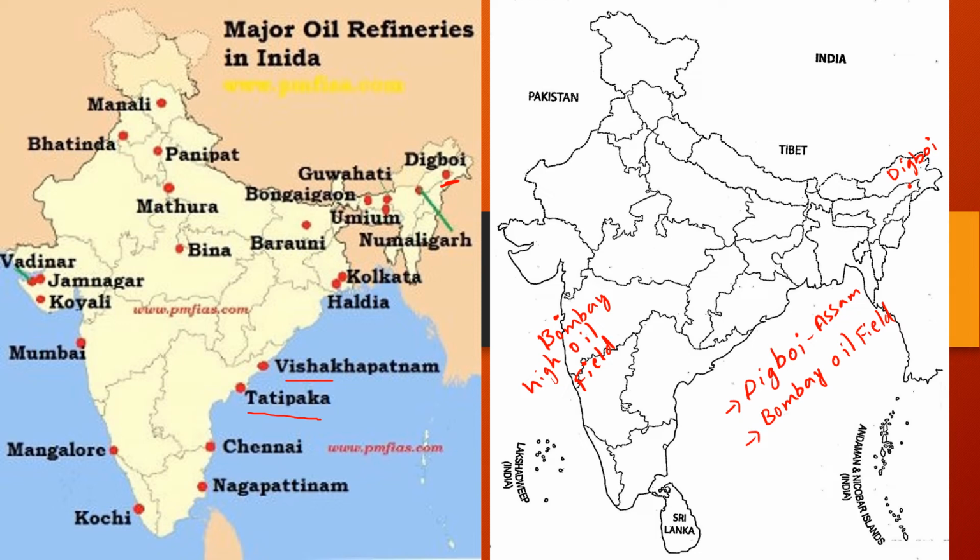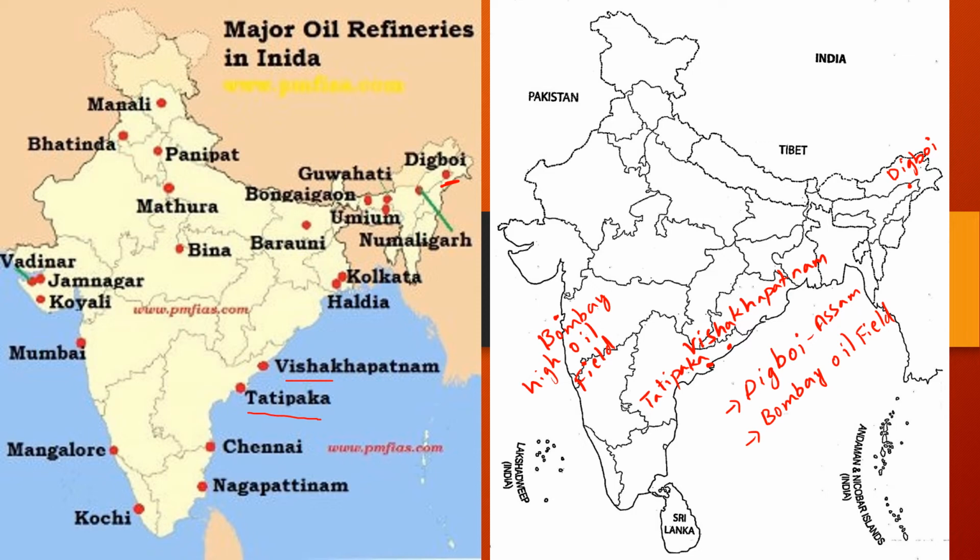You can see, right? Visakhapatnam will come here. I'll write it here. Visakhapatnam, then here. Okay, so these are the major important petroleum producers in India.